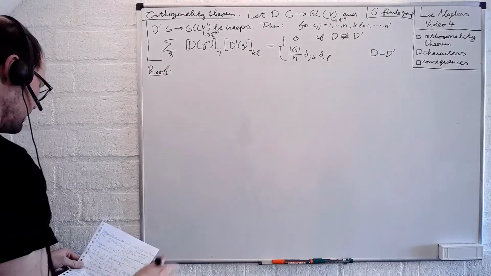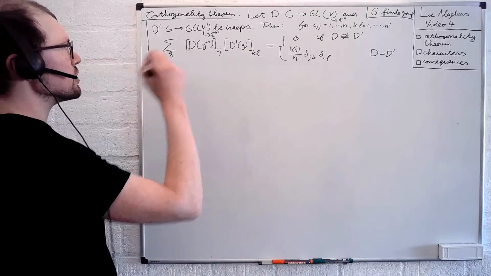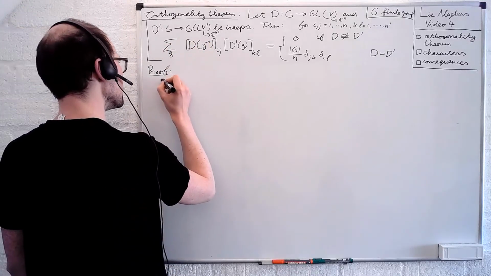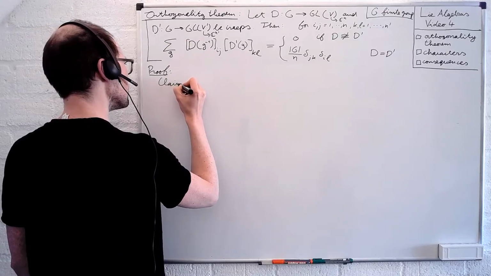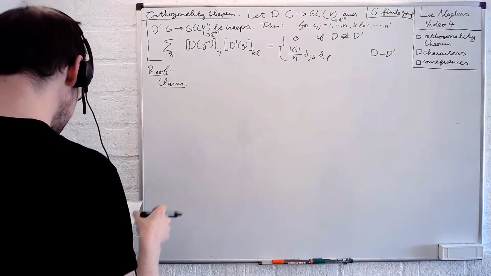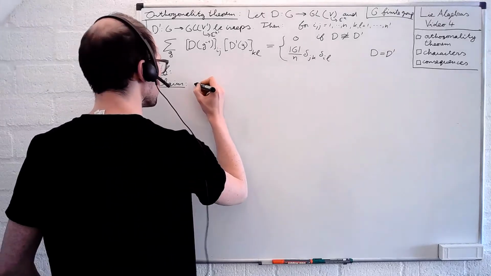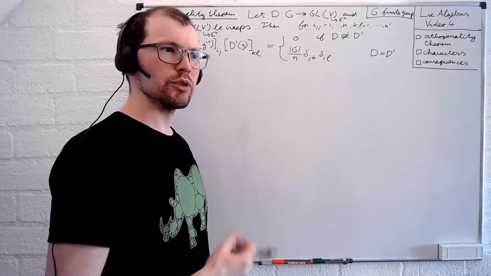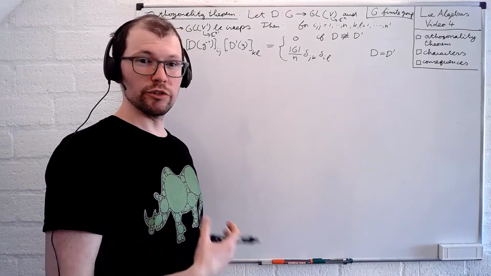Okay, and the first thing I want to do is an intermediate result. So here's a claim. That's quite useful, and it's kind of characteristic for many proofs that occur for groups, actually.